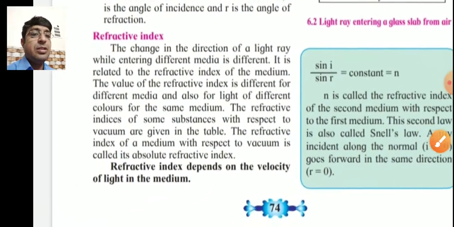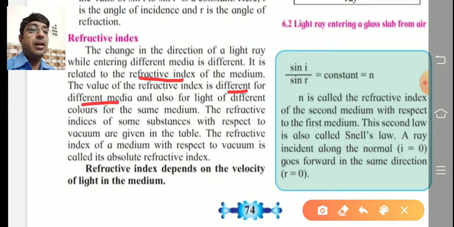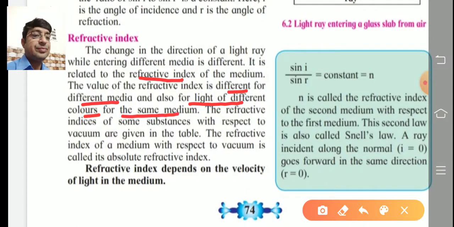So next question asking for us, define refractive index. Now see what is given. The change in the direction of a light ray while entering different media is different. It is related to the refractive index of the medium. The value of the refractive index is different for different media and also for light of different colors for the same medium. I mean, different colors have different refractive indices in the same medium.